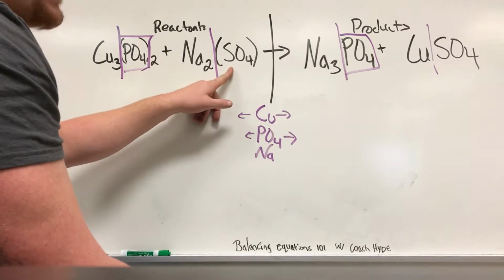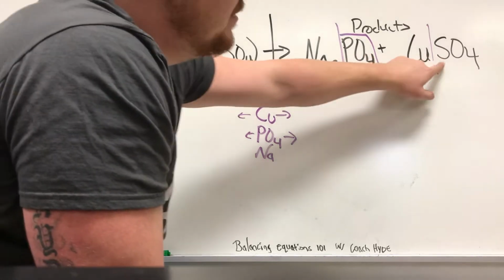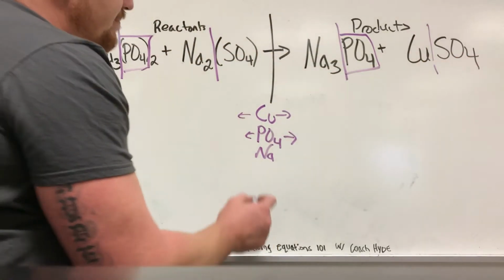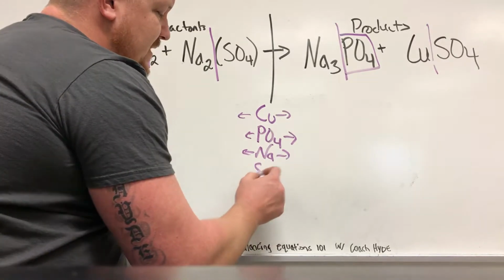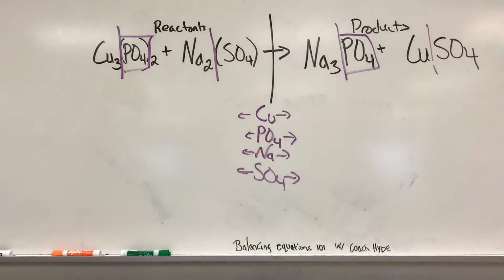Then we get to sulfate, capital S, capital O, capital 4, capital S, capital O, capital 4. We're going to pair these together and treat them as the same thing as well. All right, now we've made our list, we're going to go through and count how many we have of each one. I have 3 coppers here.